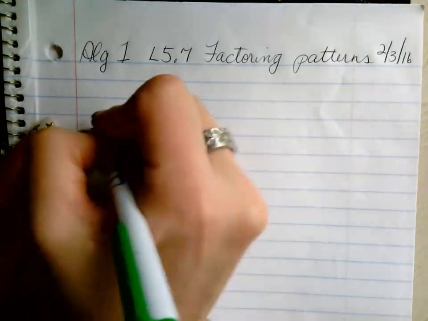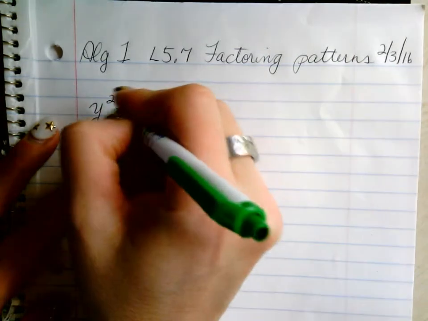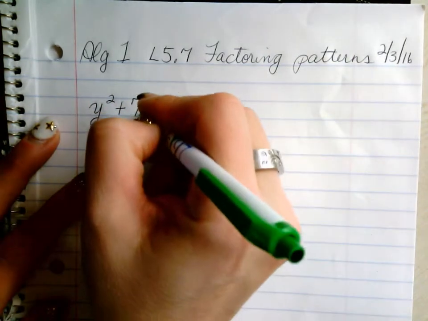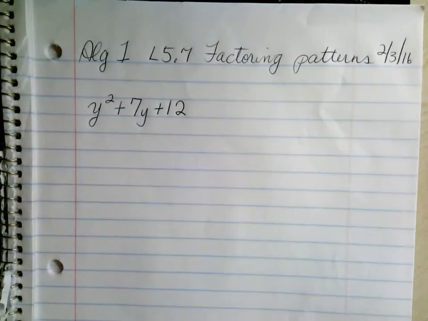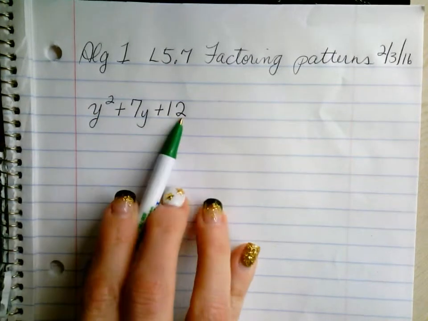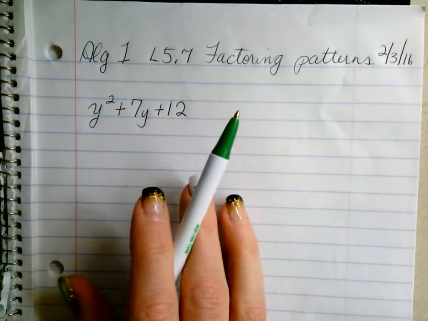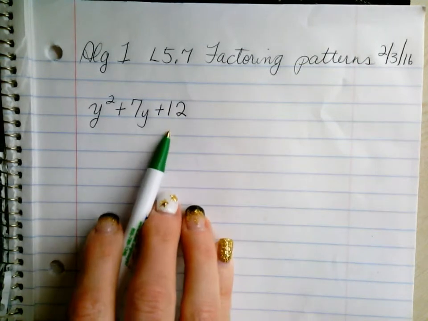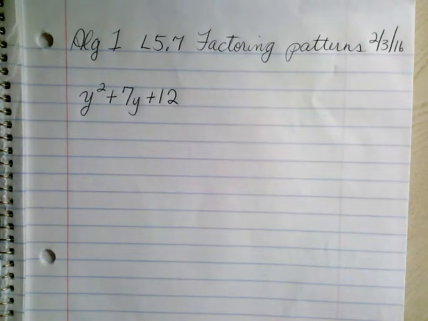So what I'm going to share with you is what do you do if there is no pattern that fits? Is this a perfect square? No. Is this the difference of squares? No. Well, it's not a perfect square, so obviously it's not the difference of squares. So now, what do I do?